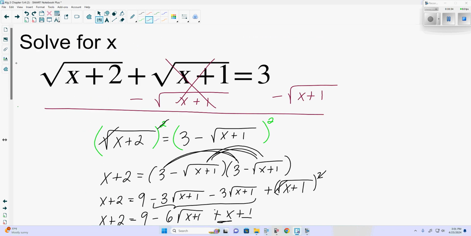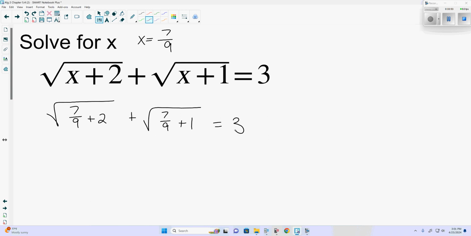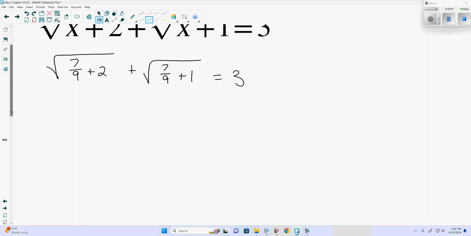7/9, well, last thing we need to do is to check. Well, might as well. I'm going to do this by hand.